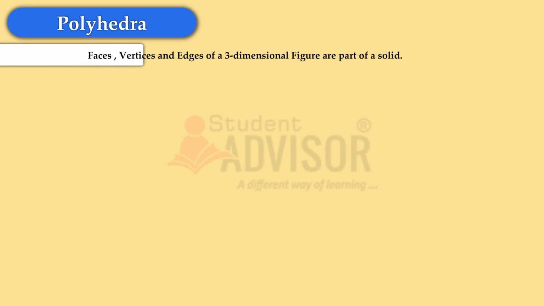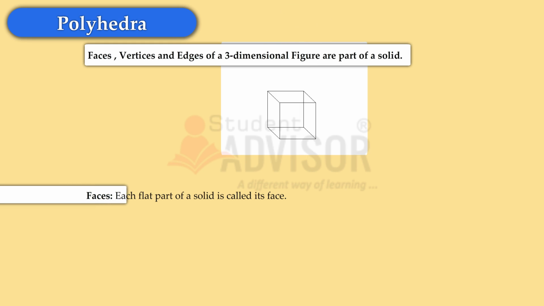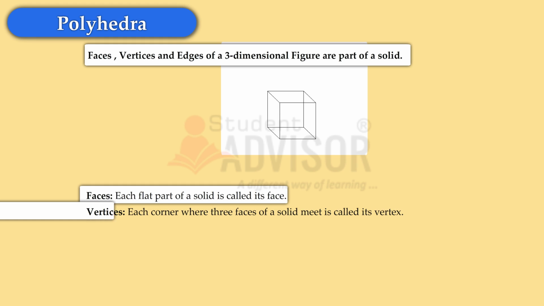Polyhedra. Faces, vertices and edges of a three-dimensional figure are parts of solids. Faces. Each flat part of a solid is called its face. Vertices.